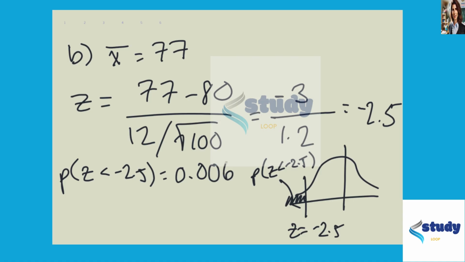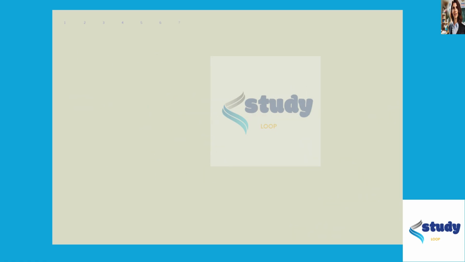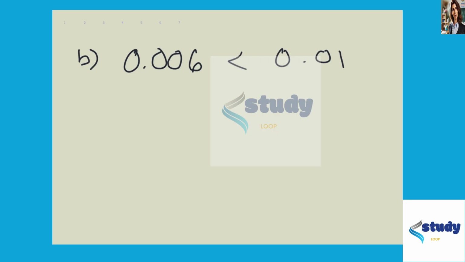Now we're going to compare our p-value of 0.006 to our alpha of 0.01, and 0.006 is less than 0.01.